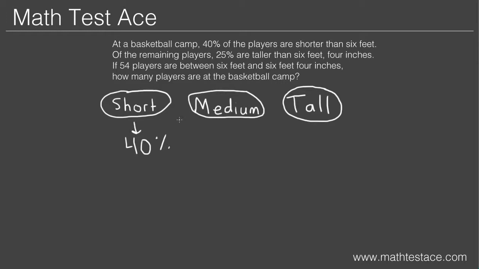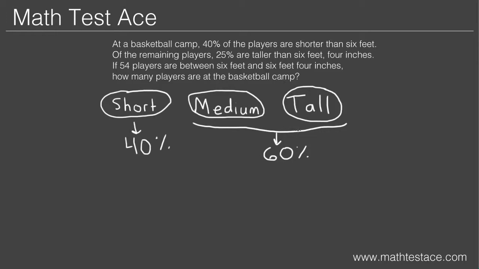If the short players are 40% of the total, then the medium and tall players together have to be 60% of the total, because if you have a group of people and you're talking about the percentages of people in subgroups, then the percentages have to add up to 100. So 40% of the players are short, 60% are either medium or tall.